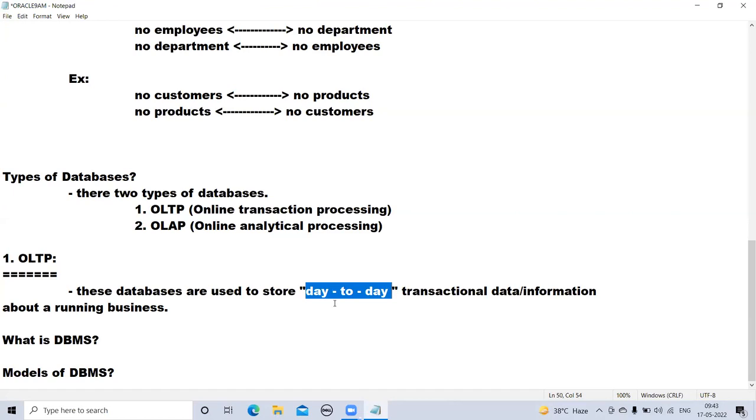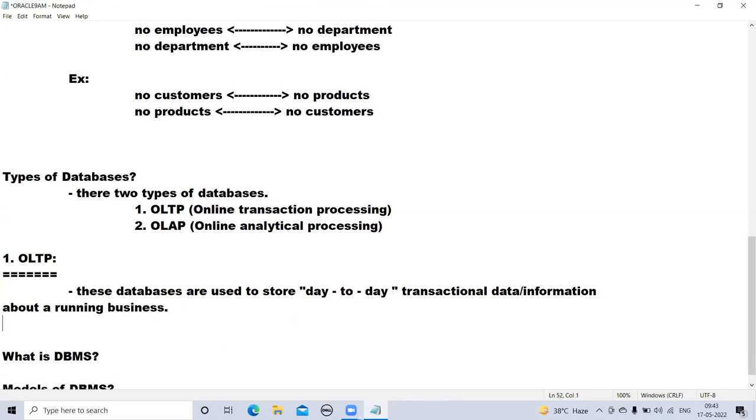Now, for example, simply we can say, guys, banking sectors are one of the best examples for easy understanding, because all of you have some idea about banking sectors. So can you tell me, guys, in a banking sector, every day, can I do my online transactions? Is it possible?